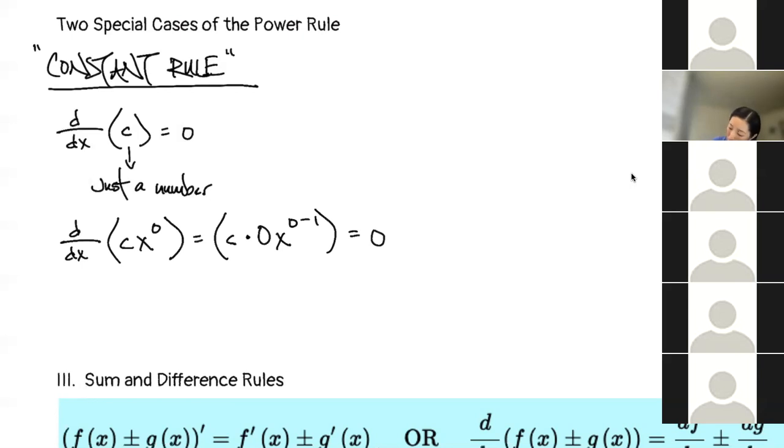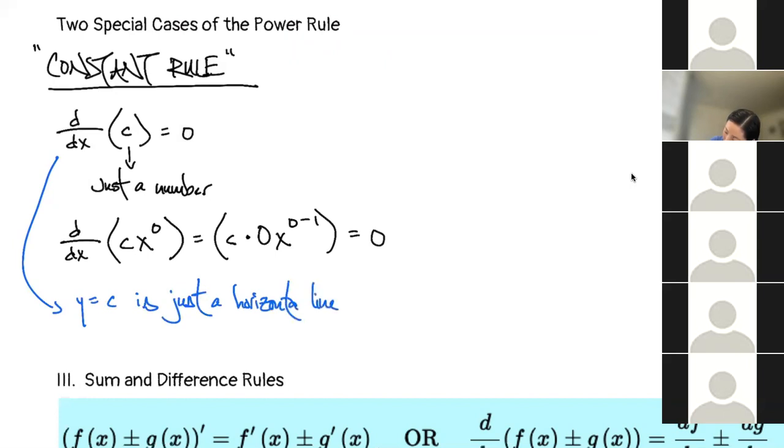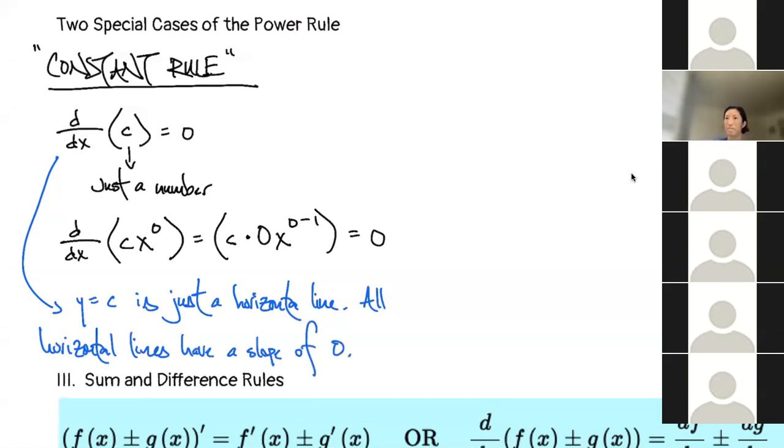But the other thing we talked about is that y equals C is just a horizontal line. All horizontal lines have a slope of 0.